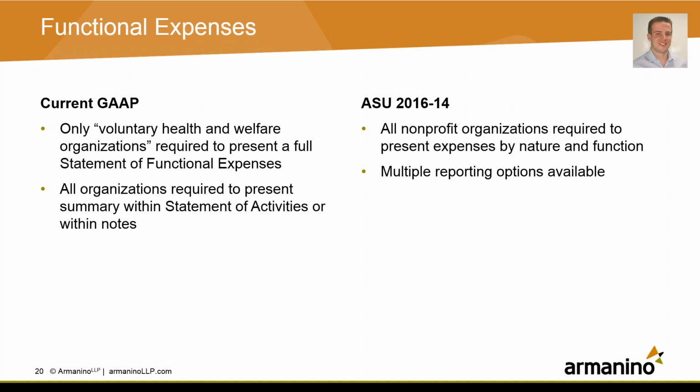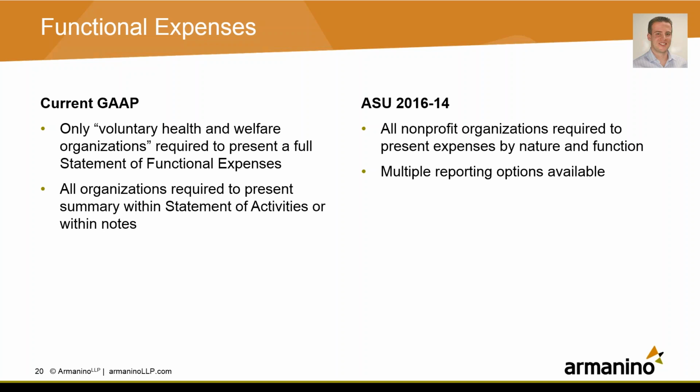Most of the schools I work with are required to present your expenses by function, and most of my clients present by function on the statement of activities, and some also add some information about the nature of expenses in footnotes as well. When I mean nature, I'm talking about in the school environment, salaries, facility costs, insurance, interest, etc.